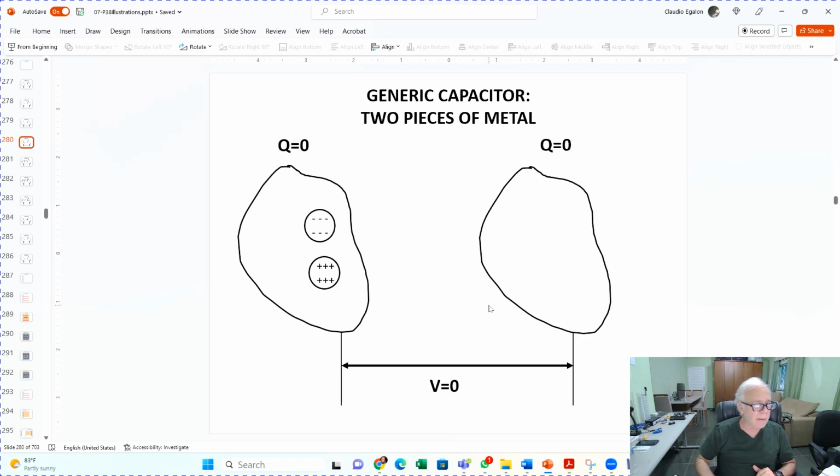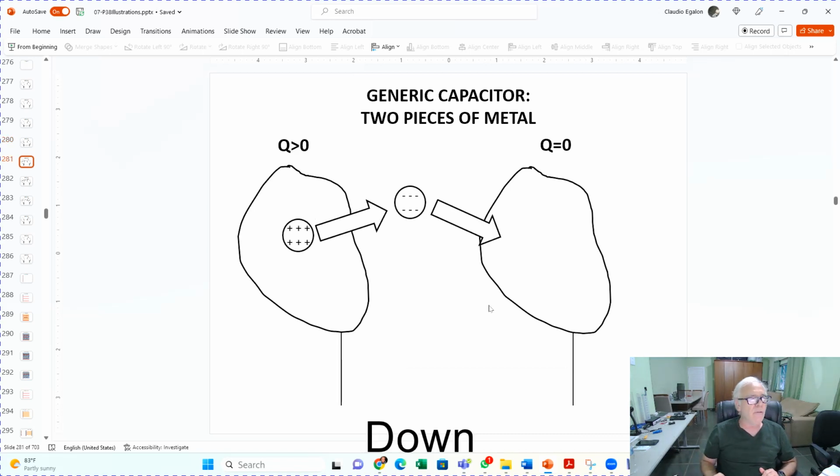So here you go. I just think that I have my hand here and I shove my hand into this metal, and somehow I manage to pick up a bunch of negative electric charges and move them to the other device.